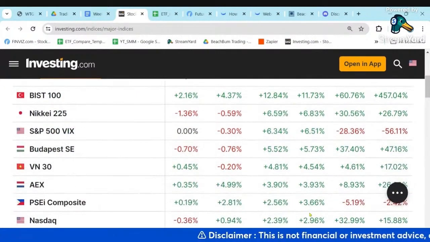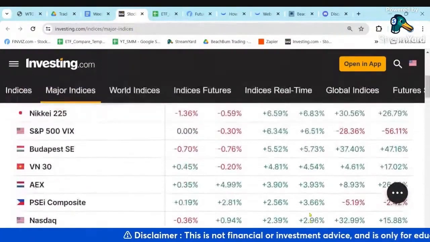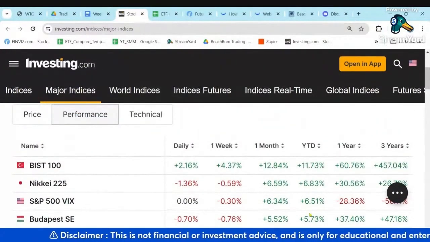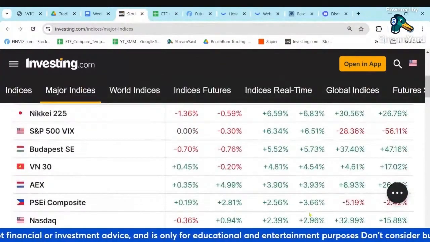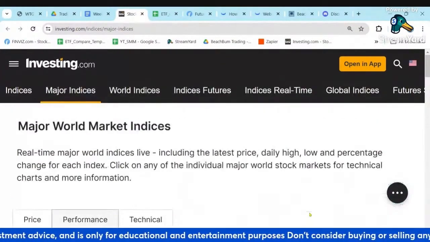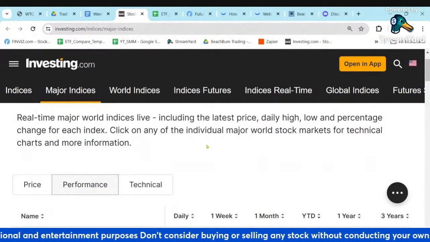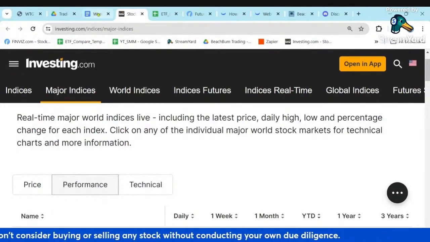So you can see who were the top performers in January across the globe using the major world market indices performance tab on investing.com. I hope that all helps.